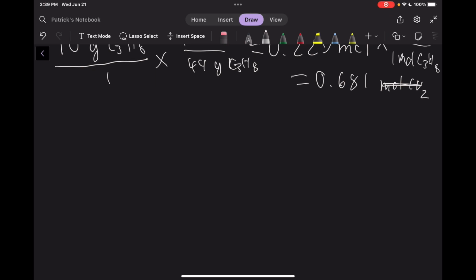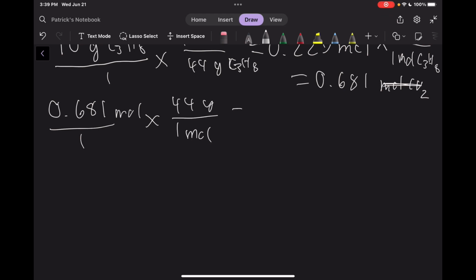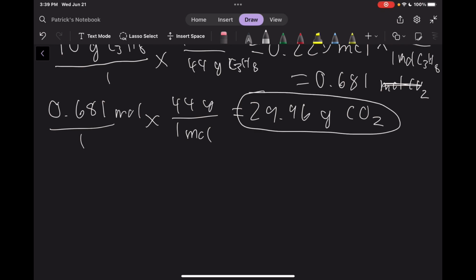So we just do 0.681 times 44 to get 29.96 grams of CO2. So, we can say that burning 10 grams of propane produces 29.96 grams of carbon dioxide. And that's all there is to it.